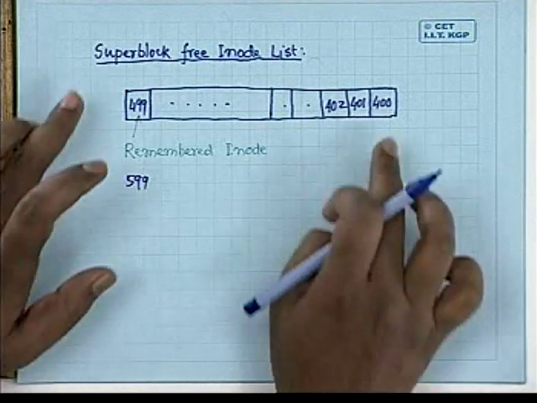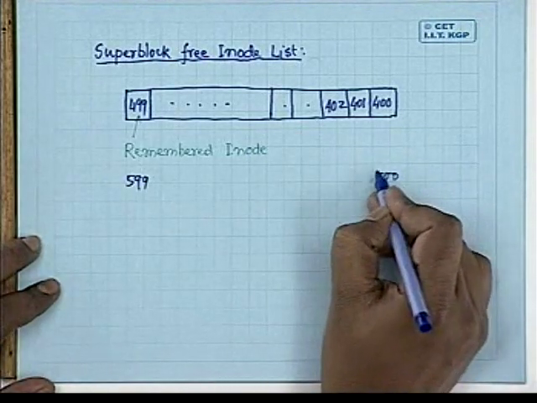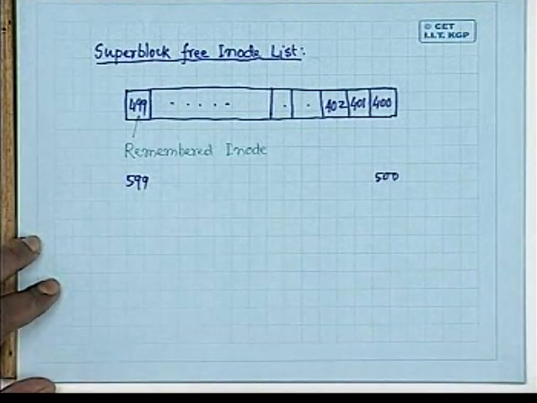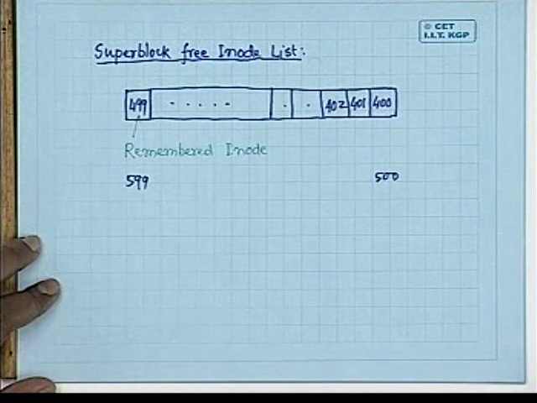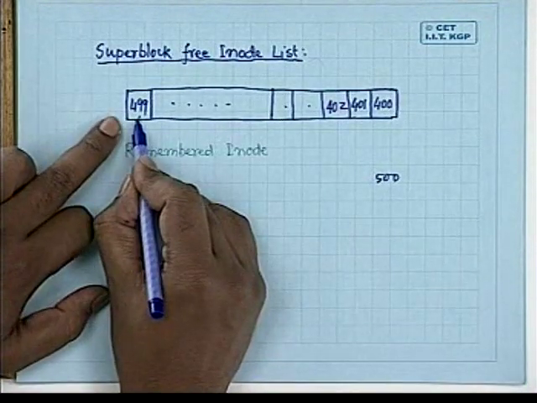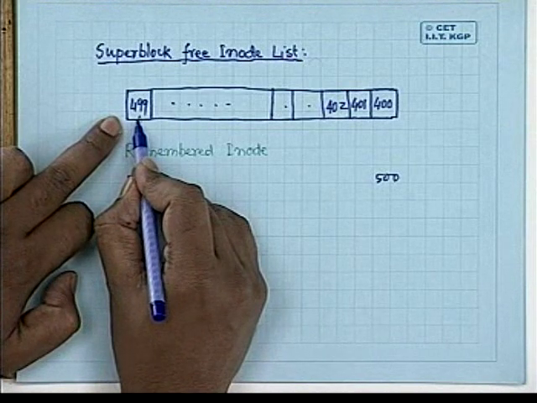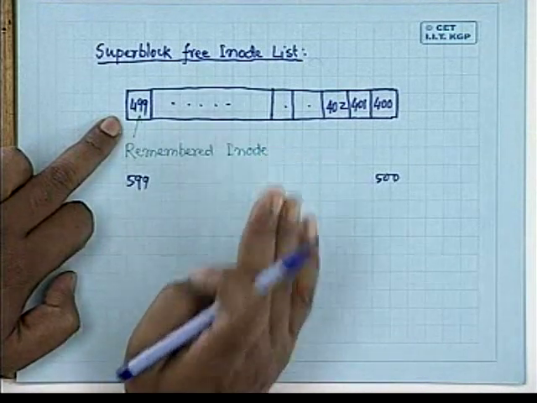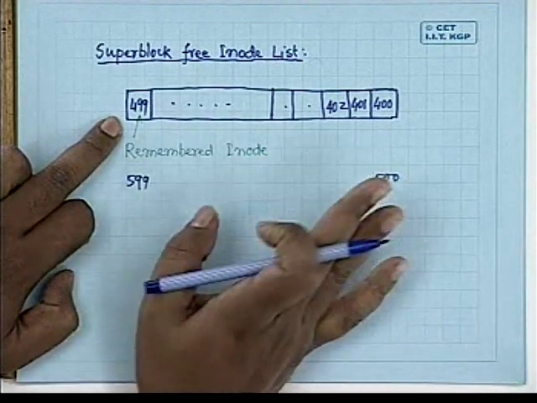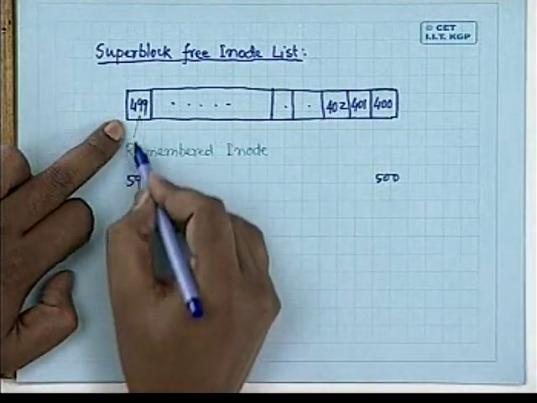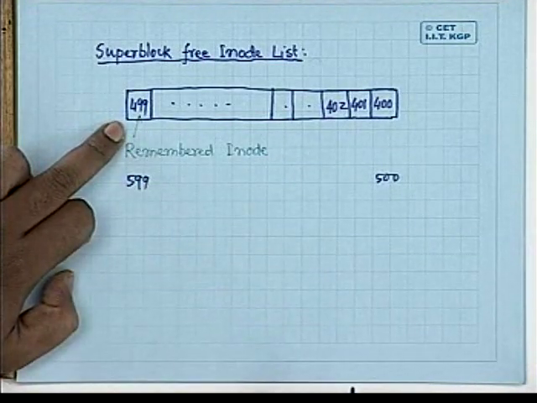And after filling up the list, inode number 500 will be given to the requesting process. Because this one, the highest numbered inode, gives you an indication of where you will get unallocated inodes on the file system, it is called a remembered inode.